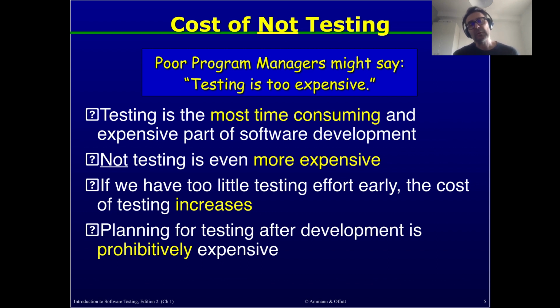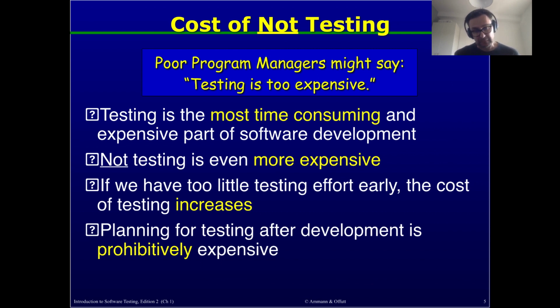But people don't realize that there's a big cost when you're not testing also. Program managers or people in companies, or even engineers, might say testing is too expensive. We can't do it. We have to reduce the cost of testing. This is understandable because it is one of the most time-consuming activities in software development, and thus also one of the more expensive.